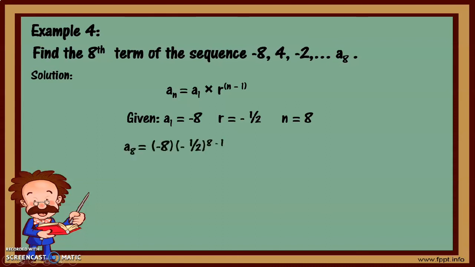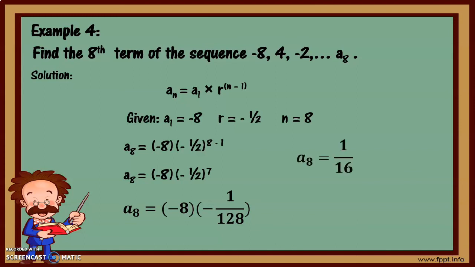So, substitute: a sub 8 is equal to negative 8 times negative 1 half raised to 8 minus 1. Simplify. That is negative 8 times negative 1 half raised to 7. But negative 1 half raised to 7 is equal to negative 1 over 128. Then simplify. A sub 8 is equal to 1 over 16.